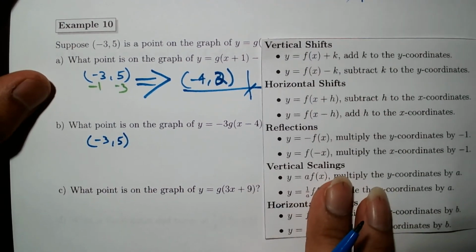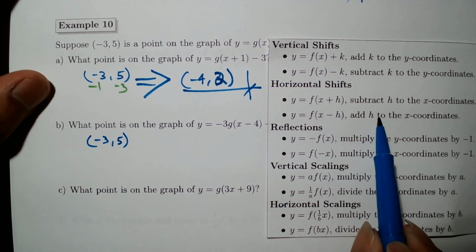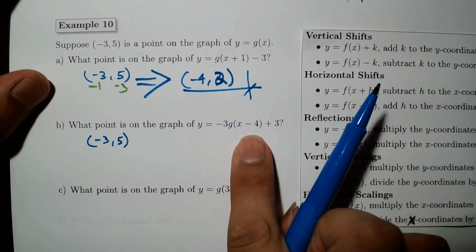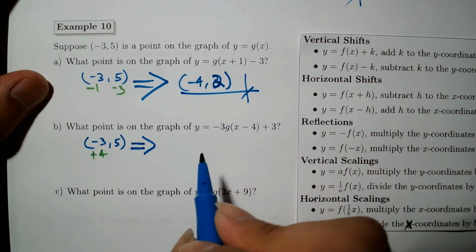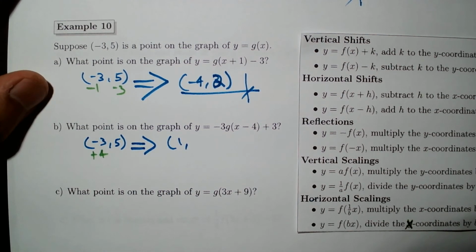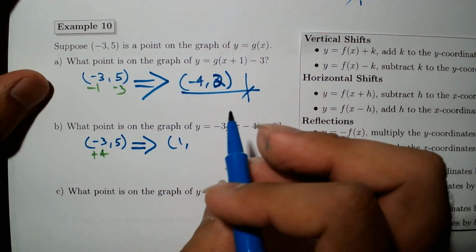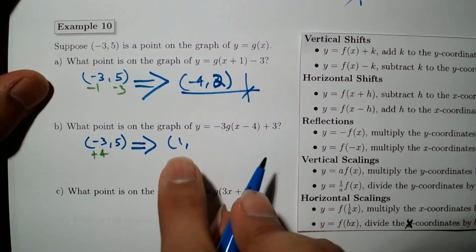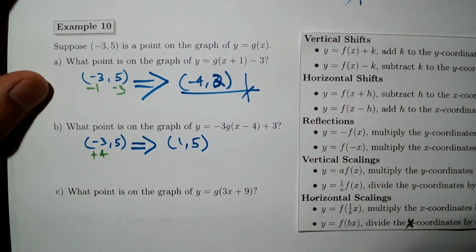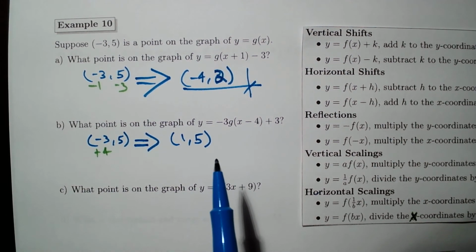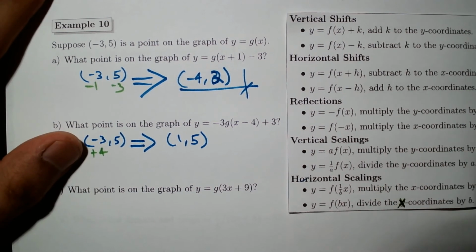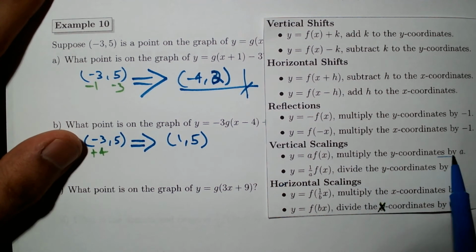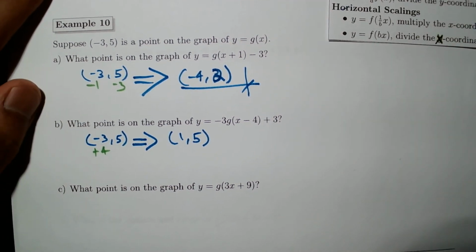The x minus 4 is asking us to add h units, in other words add 4 units to the x coordinate, to obtain the point (1, 5). Then let me look at the multiplication by 3, that is a vertical scaling. So we're going to multiply the y coordinate by 3.